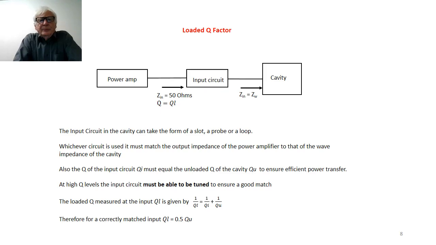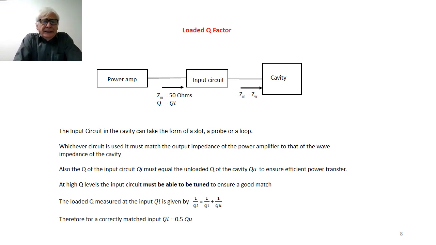This input circuit can take the form of a slot in the wall of the cavity, a probe poking through the wall of the cavity, or a loop that's mounted on the internal wall of the cavity. Now, whichever input circuit is used, you have the problem of matching the output impedance of the power amplifier to the wave impedance of the cavity.